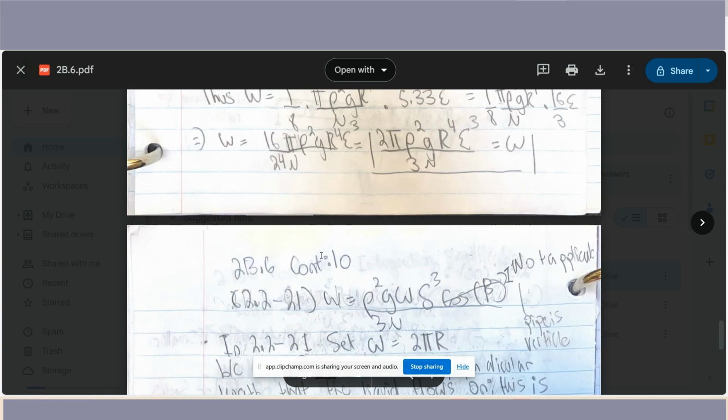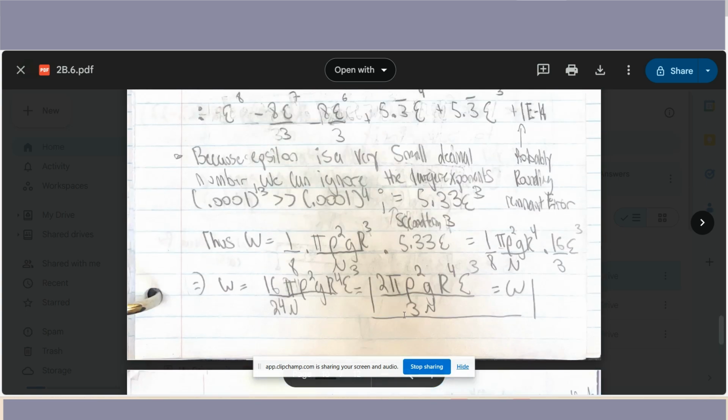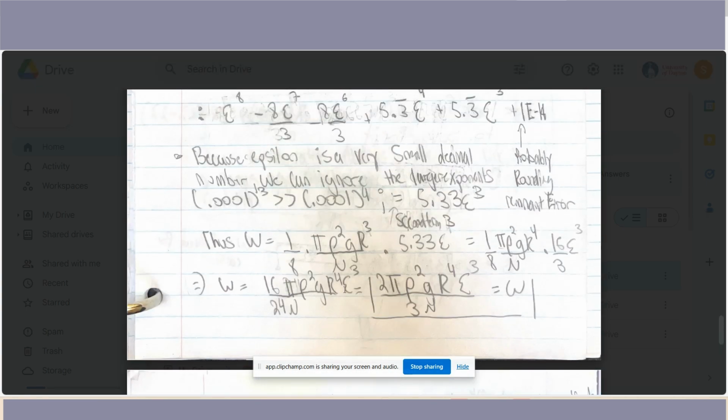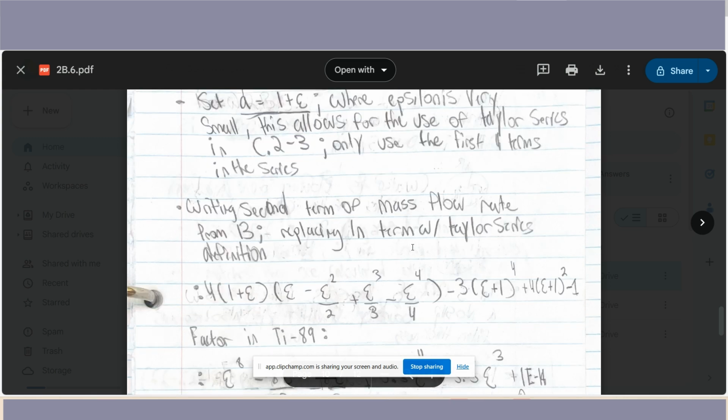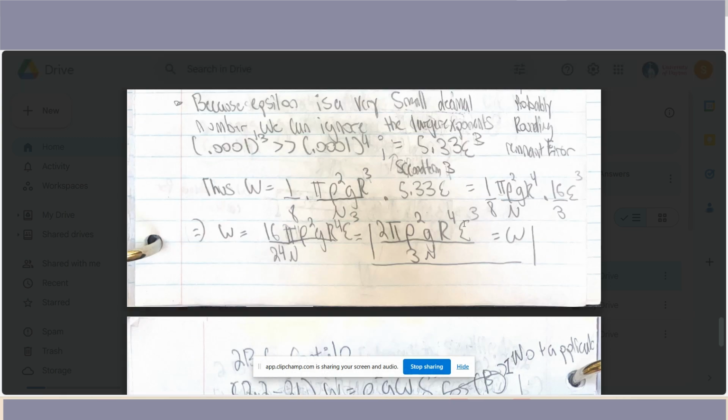Where is that at? Oh yeah, it should just be sigma cubed times r, because there's r to the fourth, epsilon to the third.